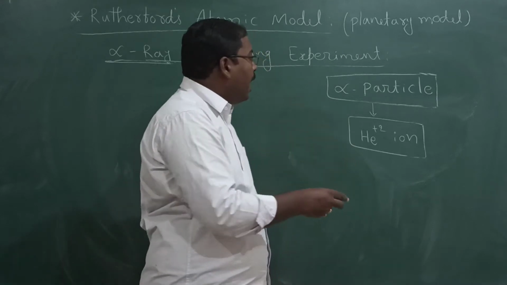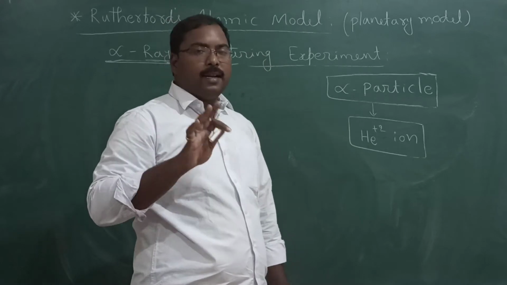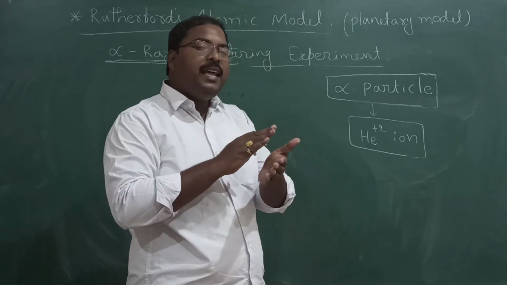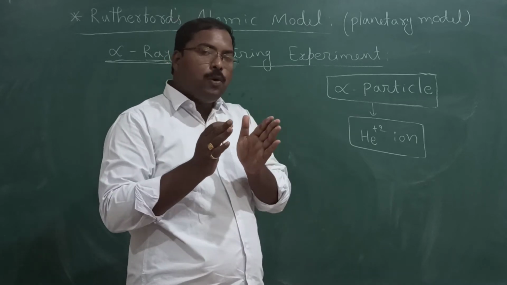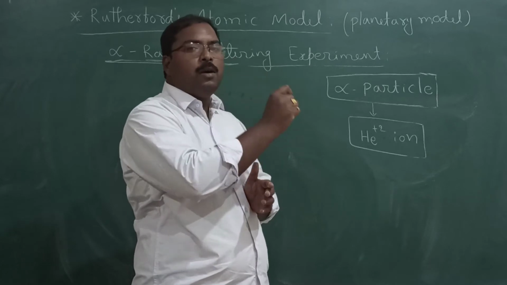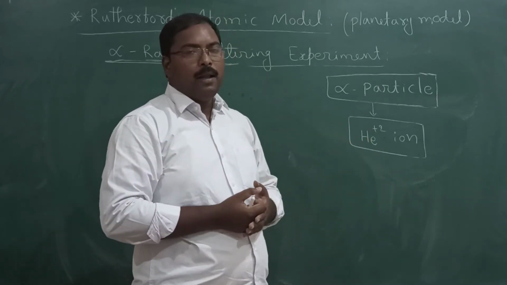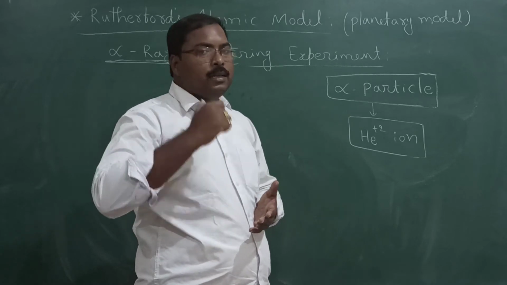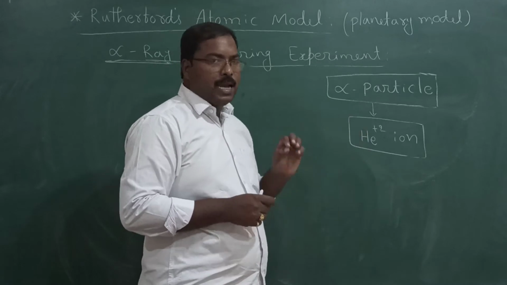It means the alpha particle doesn't contain any electrons, so it doesn't contain any negatively charged particles. It contains only positively charged particles, nothing but protons. As well, in the nucleus, neutrons will be there. But the charge of neutrons is neutral, so no need of neutrons regarding the charge.